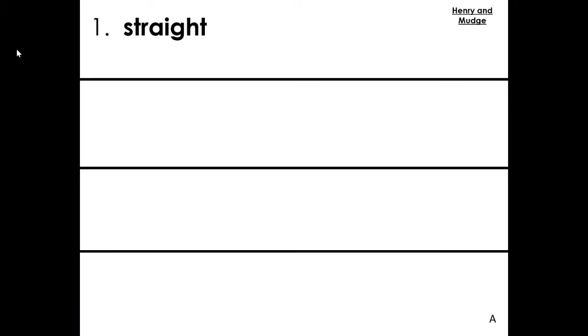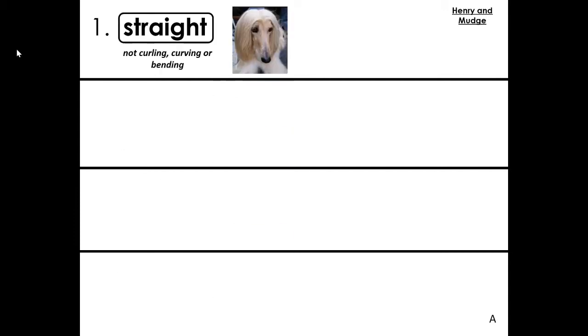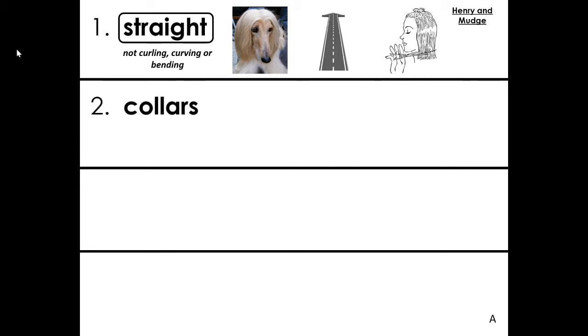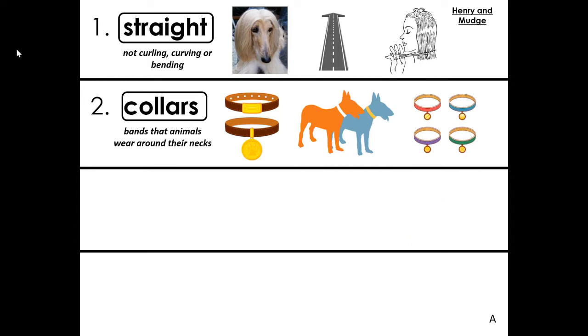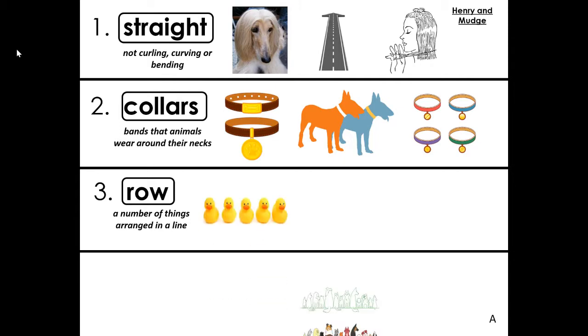So let's review our vocabulary words from the story. Do you remember number 1? Say it out loud if you know it. Straight. Straight means not curling, curving, or bending. 2, do you know this one? Collars, bands that animals wear around their necks. 3, row, a number of things arranged in a line.